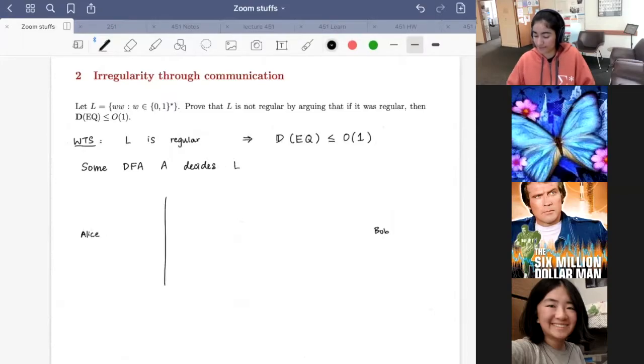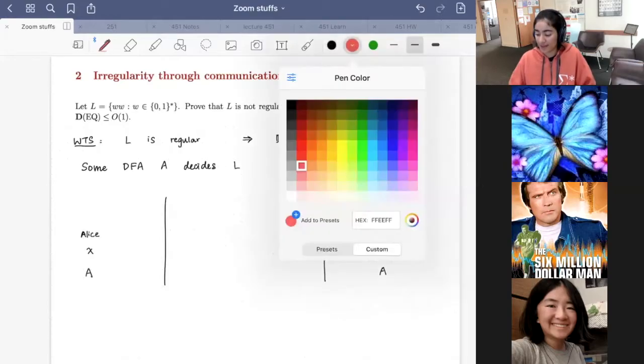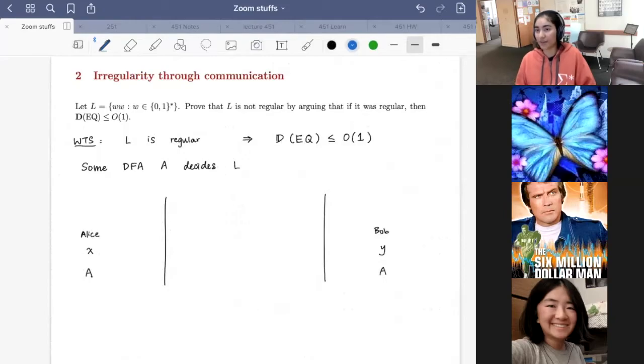Let's just make some boundaries. So this is their communication boundary. Alice has got X, Bob has got Y. And just to make it more explicit, they both have access to this DFA A. And we want to try and figure out how they're sharing things with each other. Using this automata A, it should be possible for them to figure out whether their strings are equal, sharing a constant amount of information. Any ideas?